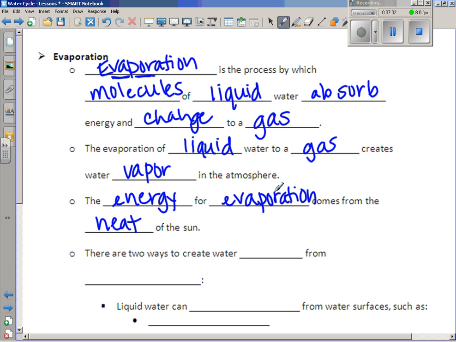So there are two ways to create water vapor from evaporation.